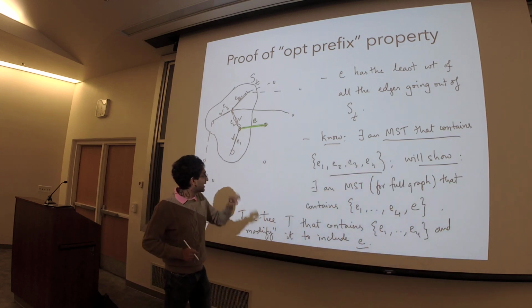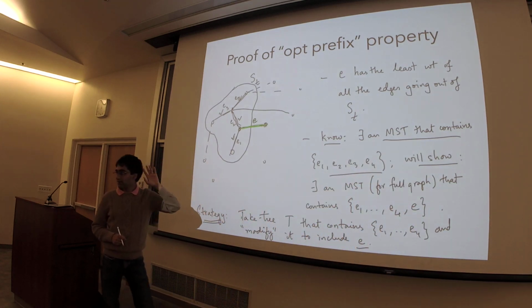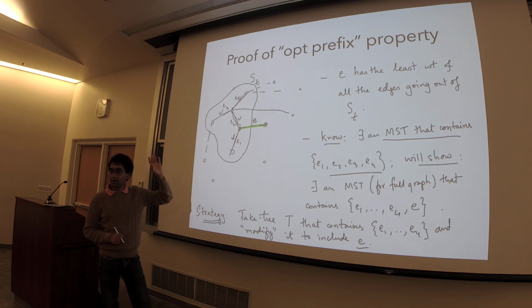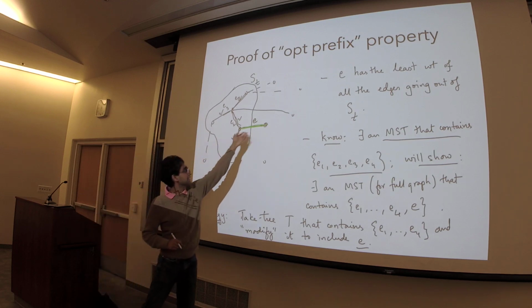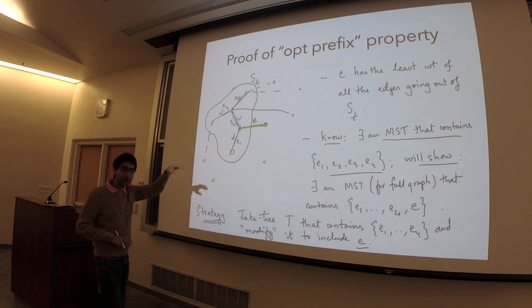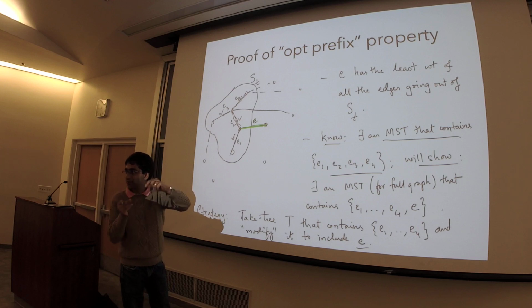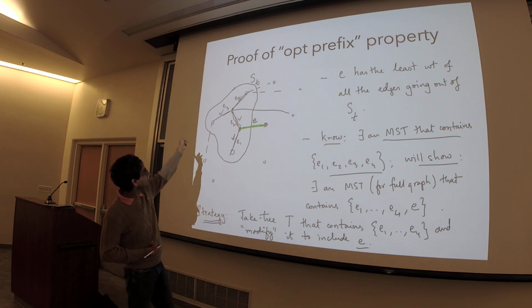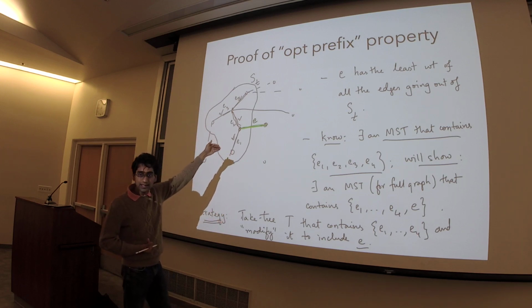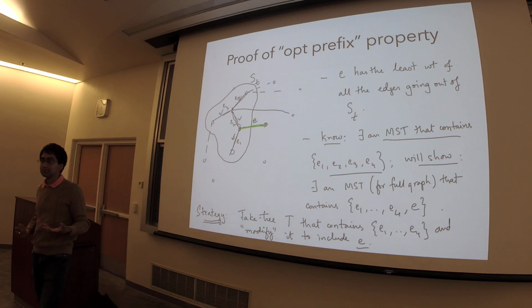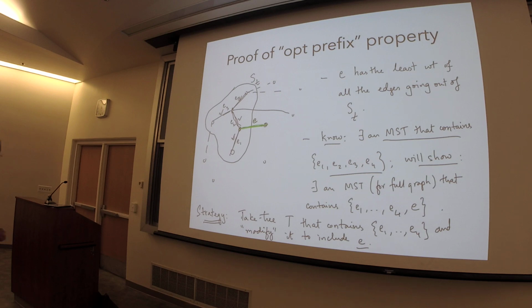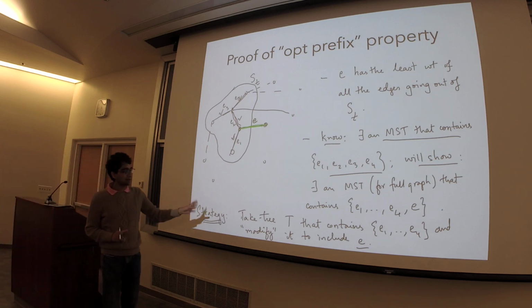So that is the T that I'm considering. And I would like to show that either T also contains E, in which case I'm done, or I can massage T, by massage I mean change a few edges here and there, so that I now include E but don't increase the cost. Okay, so that's what I'm trying to show. So is this strategy clear?